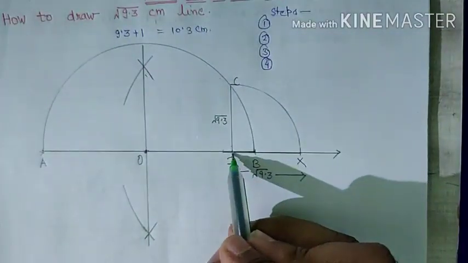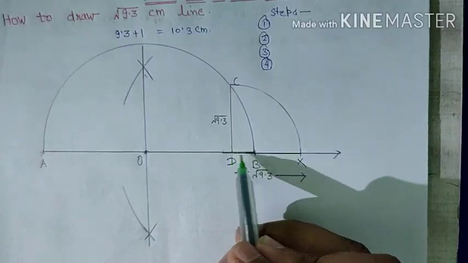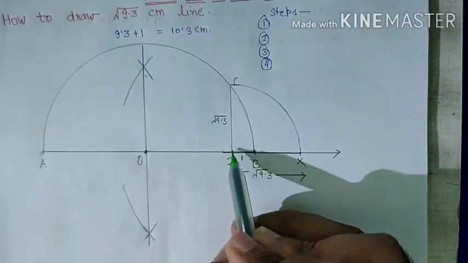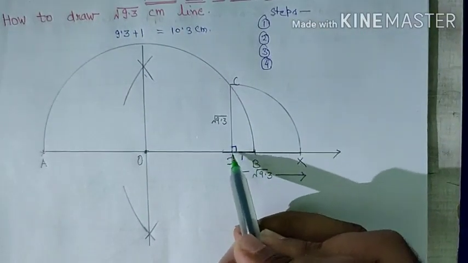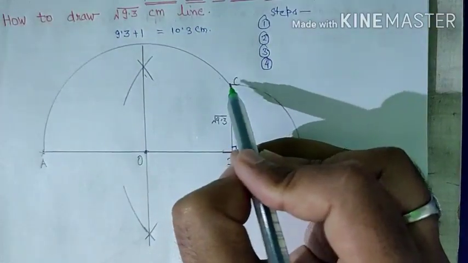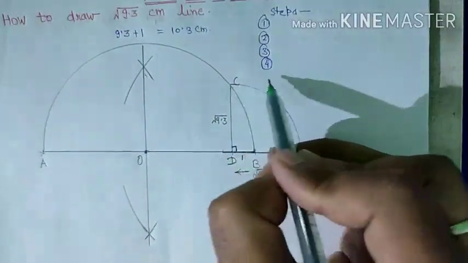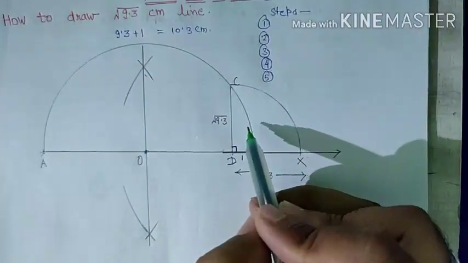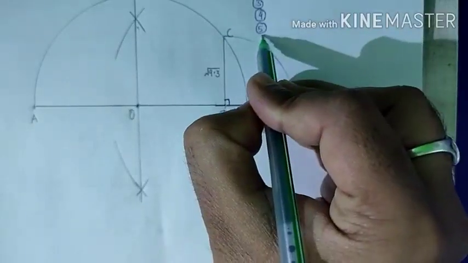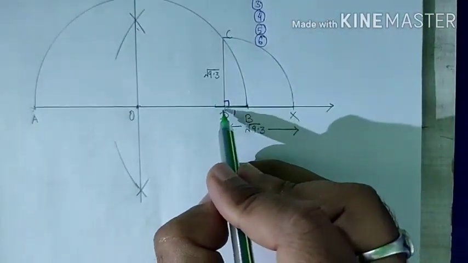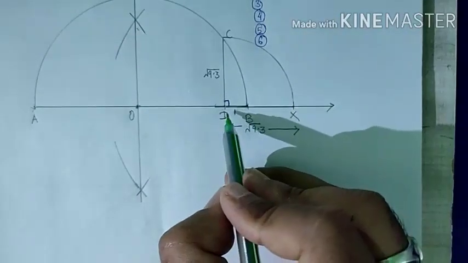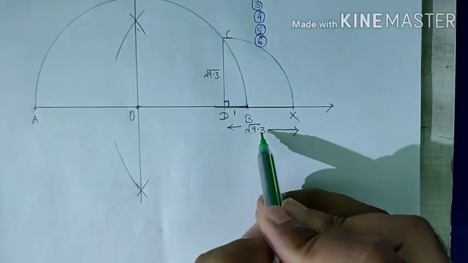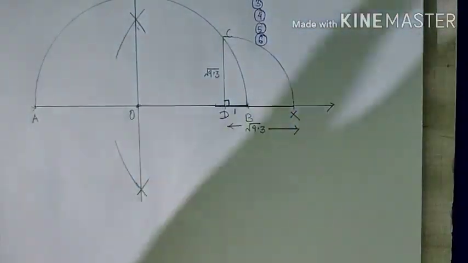Fourth, at point D, taking BD as 1 centimeter, you draw a perpendicular at point D, and that perpendicular DC will cut the semicircle at point C. Then finally fifth, DC is 9.3 centimeter, and last, I made DX the same length as DC on line AX, and DX is also 9.3 centimeter. This is the final step. You can write it like this.